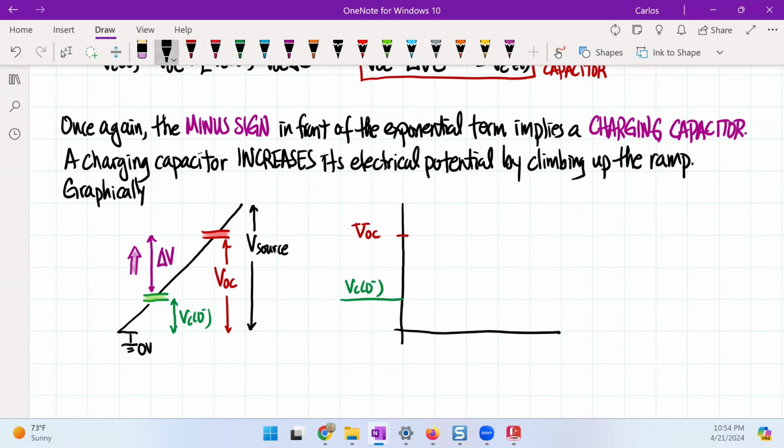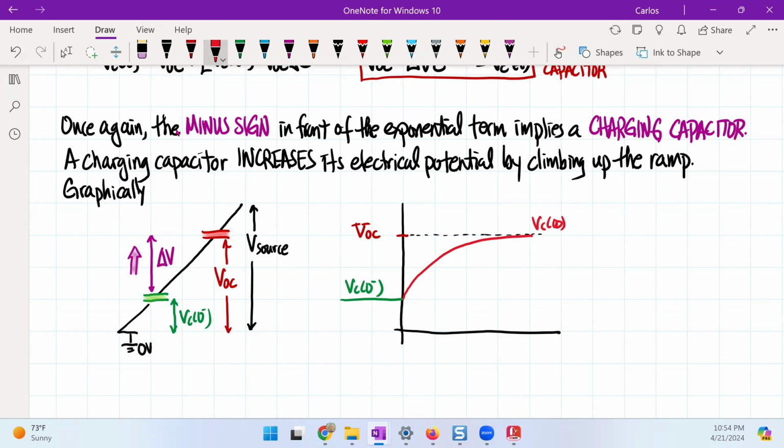So this is the maximum voltage that this will get. And if I plot this, you're seeing that I'm getting this behavior, that exponential growth here. And this term represents Vc at infinity.